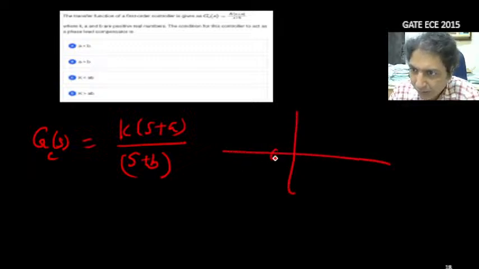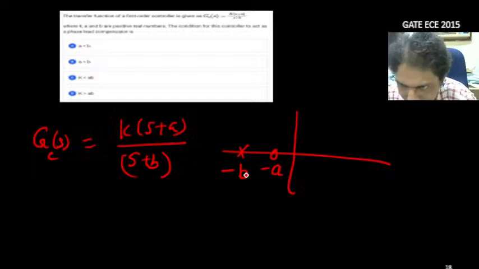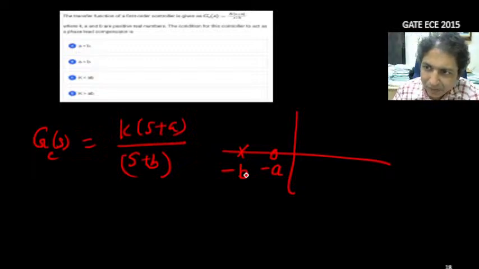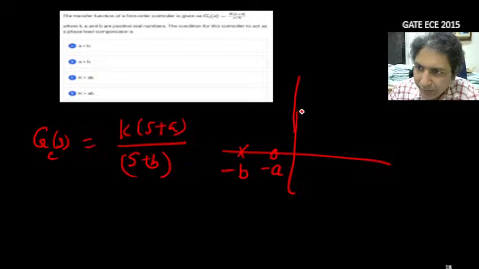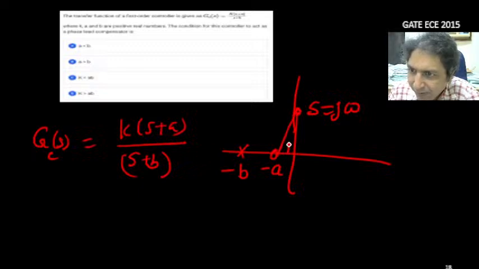I have one zero at minus A and pole at minus B. I am assuming that B is larger. Now consider one point S equal to j omega, then find out the phase contributed by this one and this one.